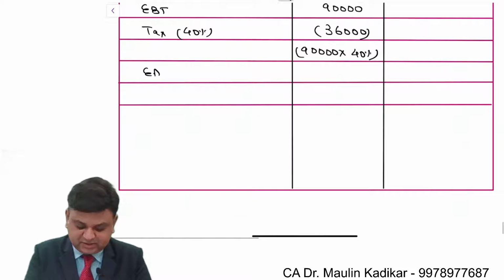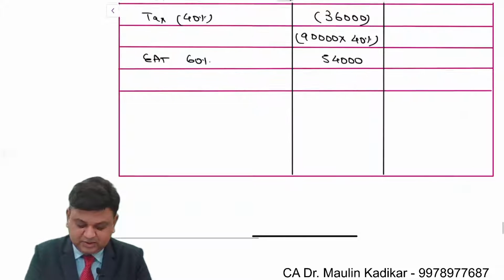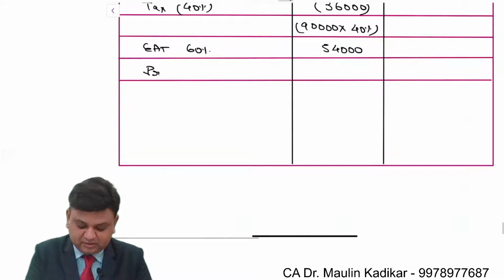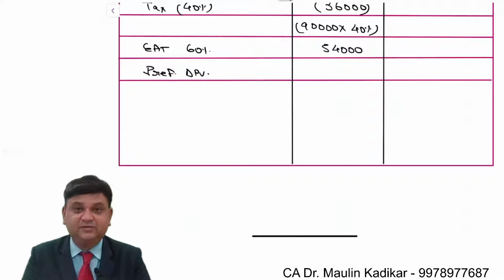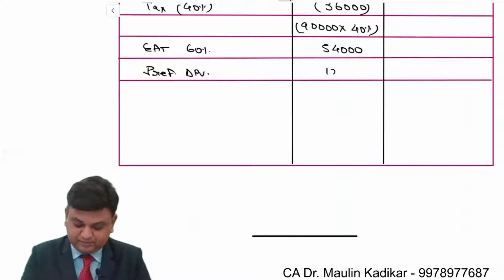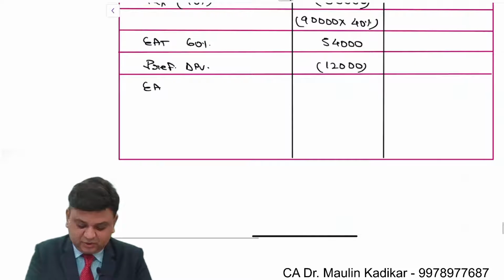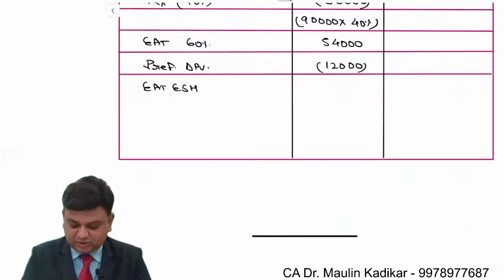Earning after taxes is 54,000, that is 60% value, less preference dividend. The amount of the preference dividend is given as 12,000. That will give us earning available to equity shareholders, that is 42,000.